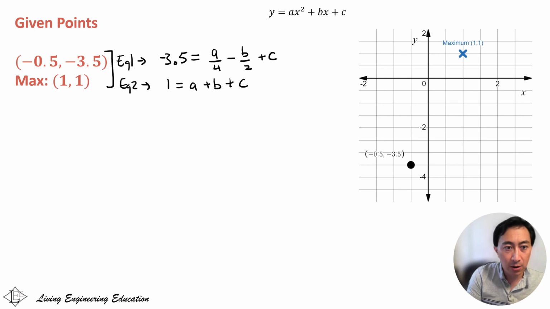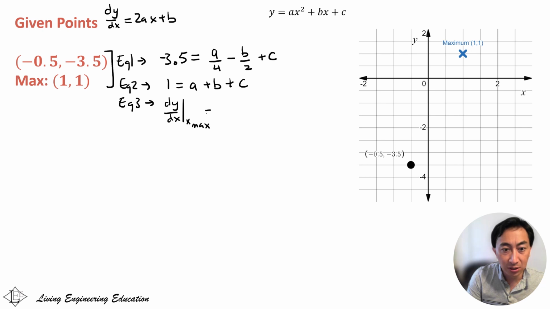Great. Now I want equation 3. dy dx of the quadratic equation is 2ax plus b. So equation 3, I'll write here, is dy dx at x max is equal to 0.